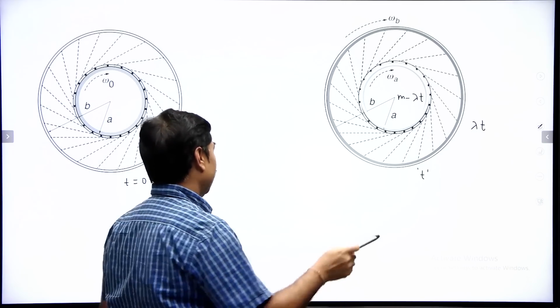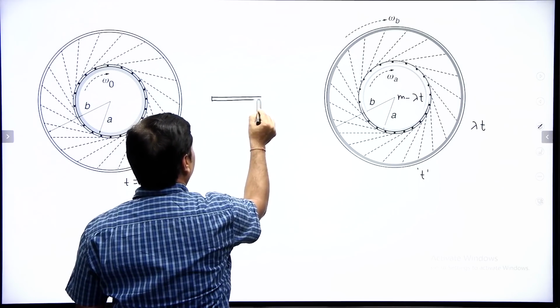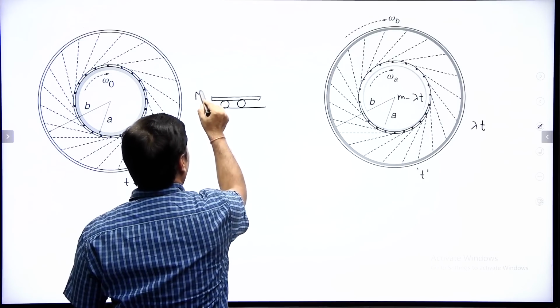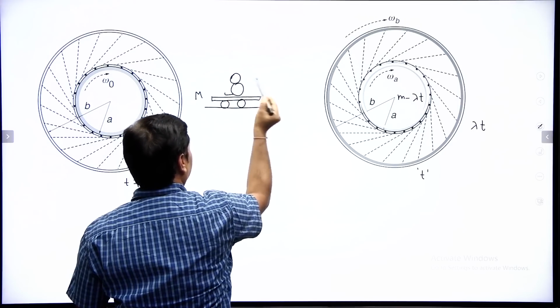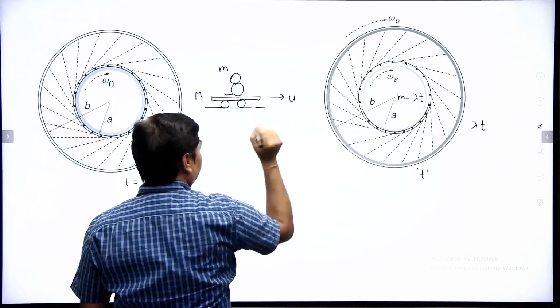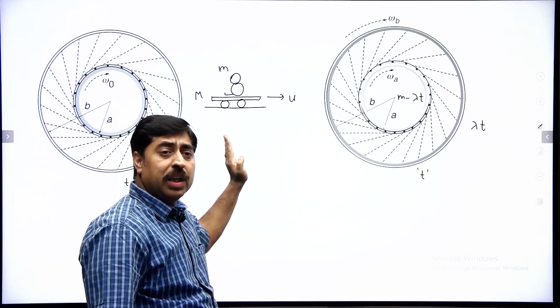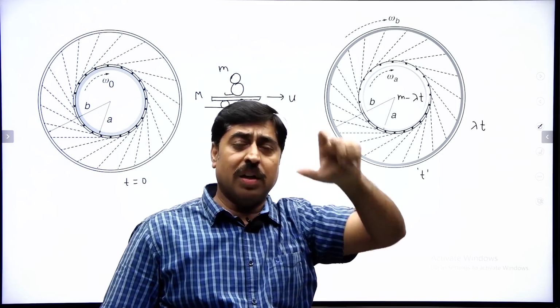If I talk in terms of linear mechanics, suppose there is a cart of mass m and there is a boy or a monkey, whatever, riding on this cart, and the whole thing is going with velocity u. Now if suddenly the monkey jumps vertically up relative to the cart, will the velocity of the cart change?